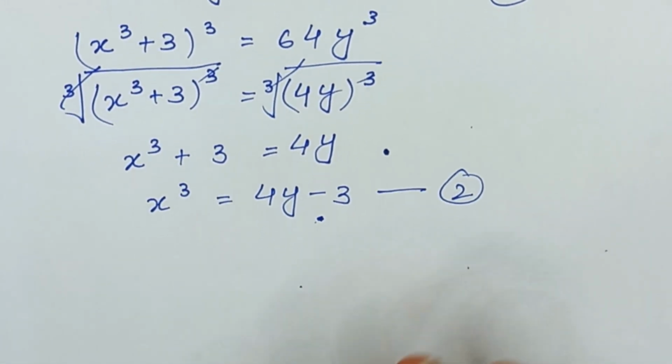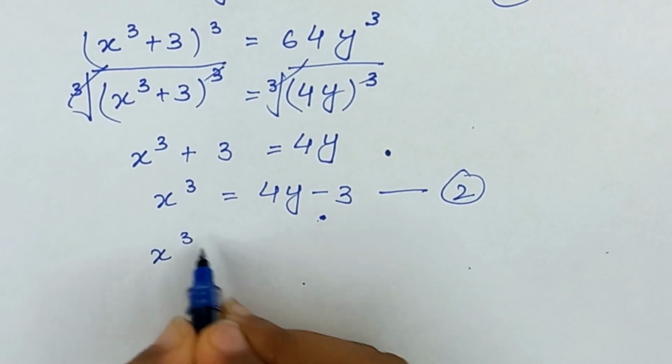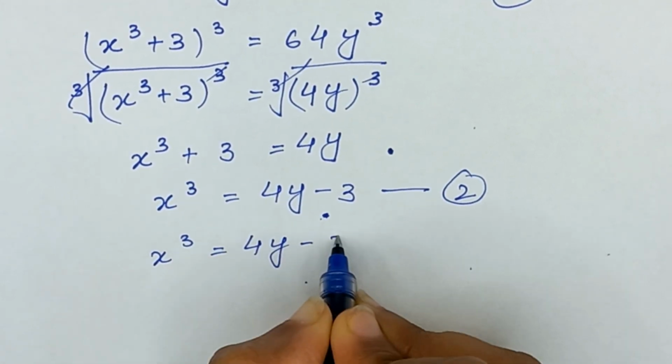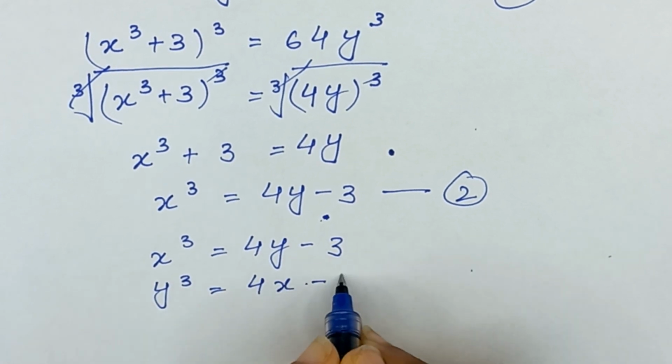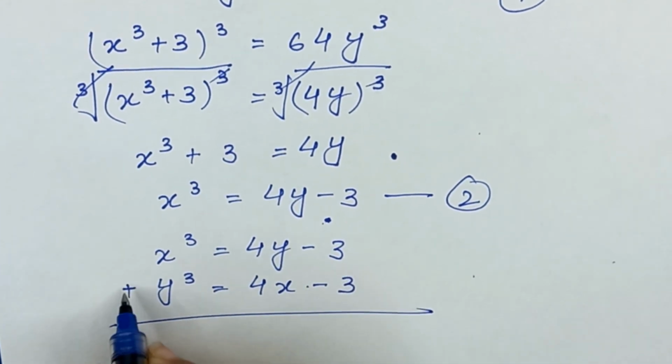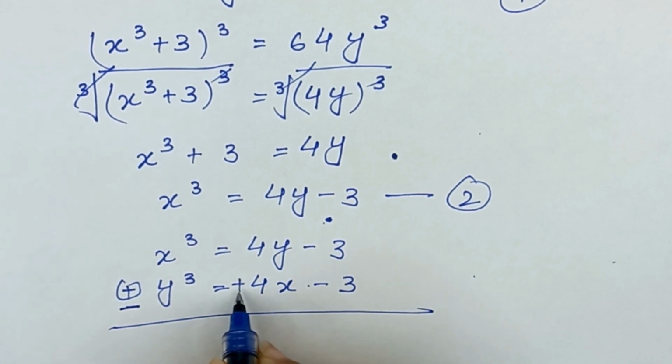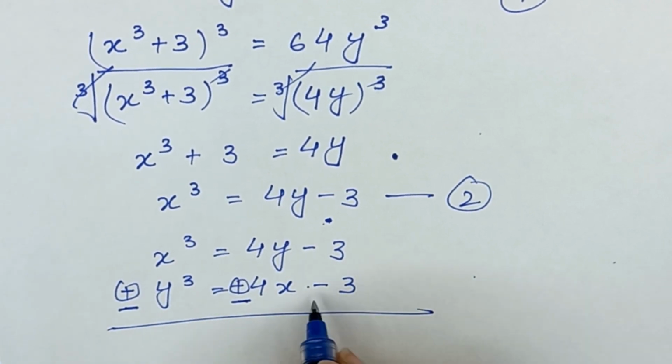Now we will subtract equation number 1 from equation number 2. So it will become x³ = 4y − 3 and y³ = 4x − 3. When we subtract, we will change the sign of equation number 1.